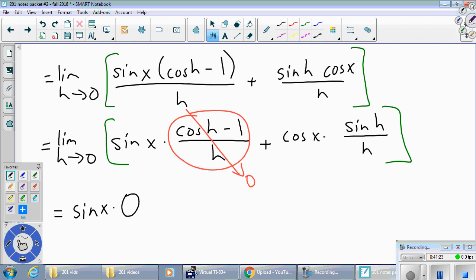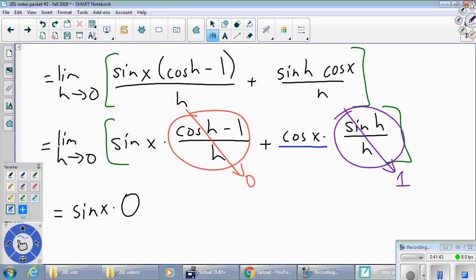Okay, let's take a look at the other one. So over here, this thing should also look familiar. It's inside of a limit. It's a limit as h goes to 0 of sine of h over h. And we guessed, looking at the graphing calculator screenshot, that this fraction went to 1. And again, this cosine of x is unmoved by h going to 0 because there's no h's in it. So this is really cosine of x times 1 with a plus sign in between.